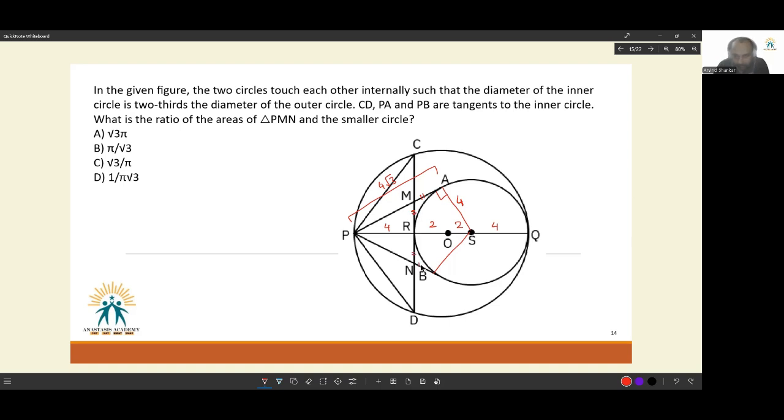Similarly, NB, BN will be identical. Whatever work we are doing for PAS, same things would happen with PBS. Okay. Basically, area of the smaller circle that I'm certain of, that is 16 pi. I'm worried about finding out area of PMN. Now height here is 4, that I'm certain of. Base, I'm trying to figure out how much will the base be. I know this is 4√3.